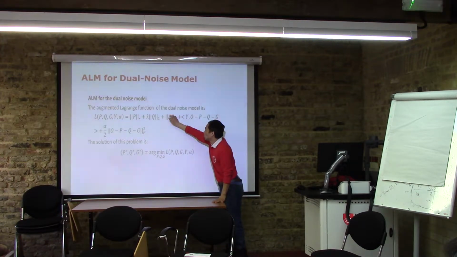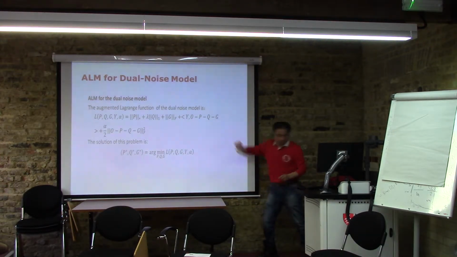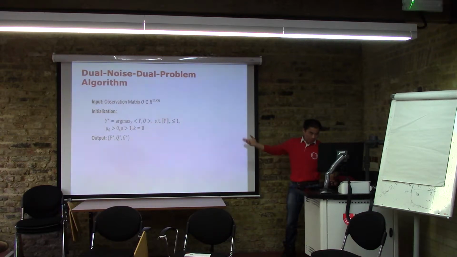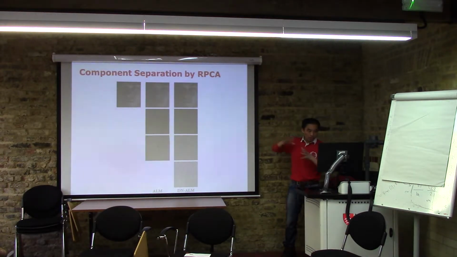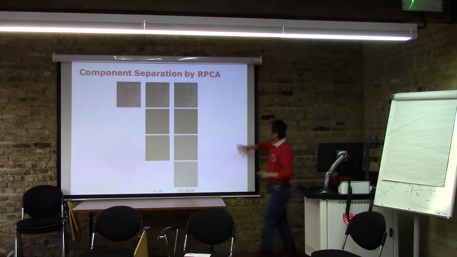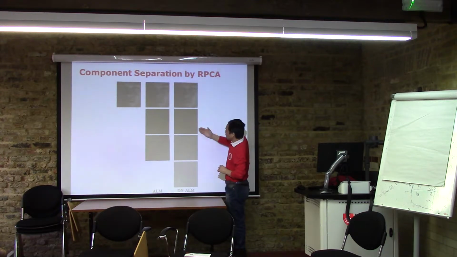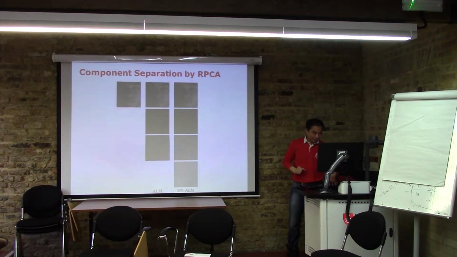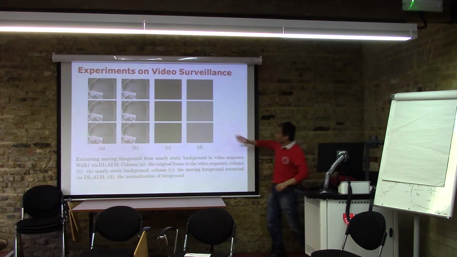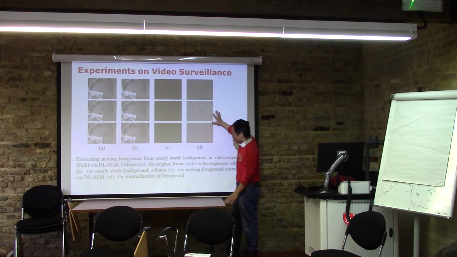We just have this one different, but we use a different norm. It's a Frobenius norm. The others are the same: the initialization and iterative SVD. So we can separate the data into sparse error as well as Gaussian noise. This is for the video. We can separate the background from the moving foreground.